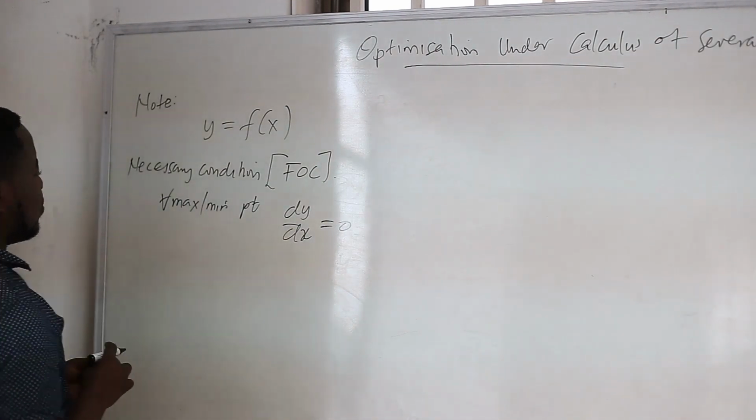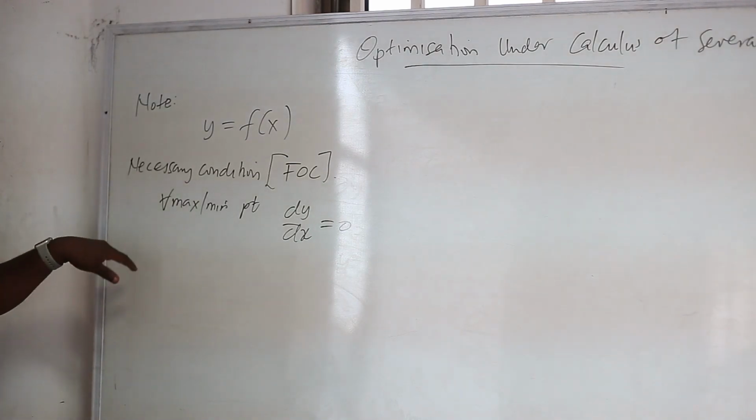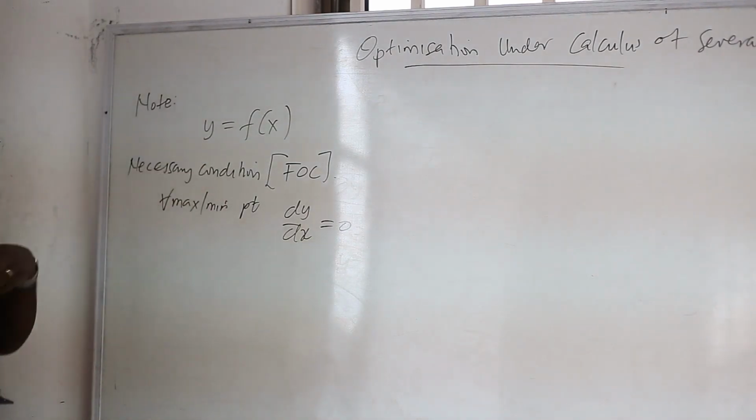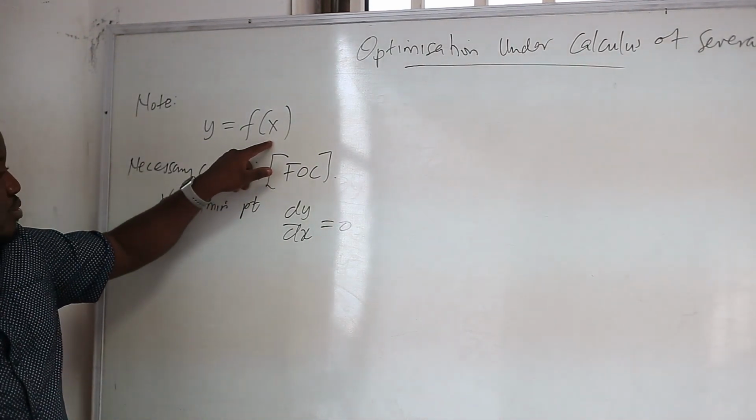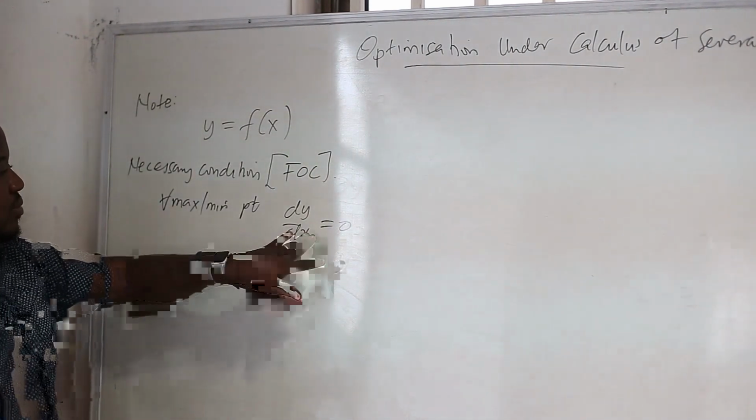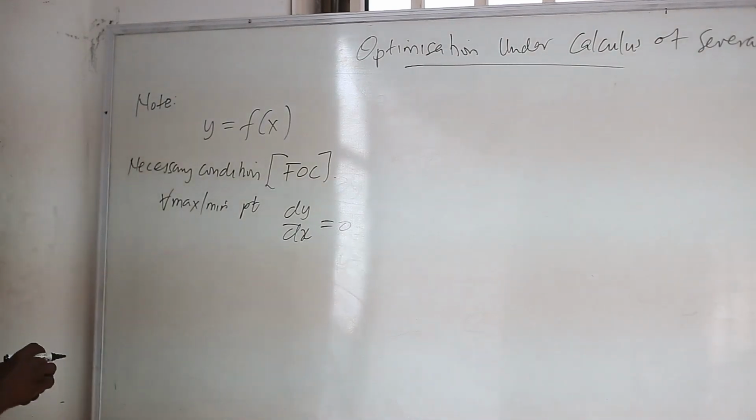So for us to maximize the function, the first order condition states that we should just differentiate the function with respect to the variable and equate it to 0.